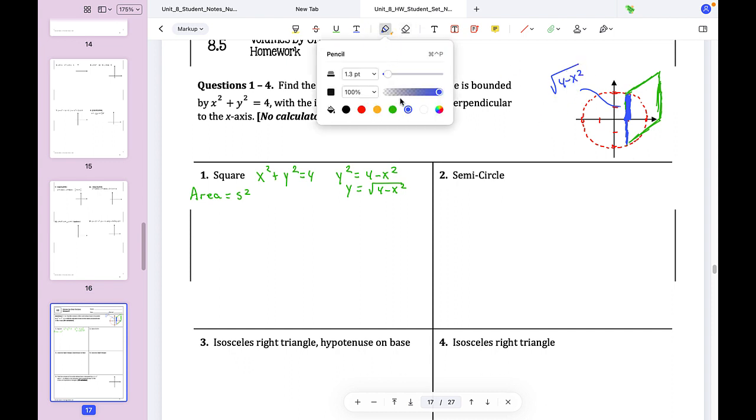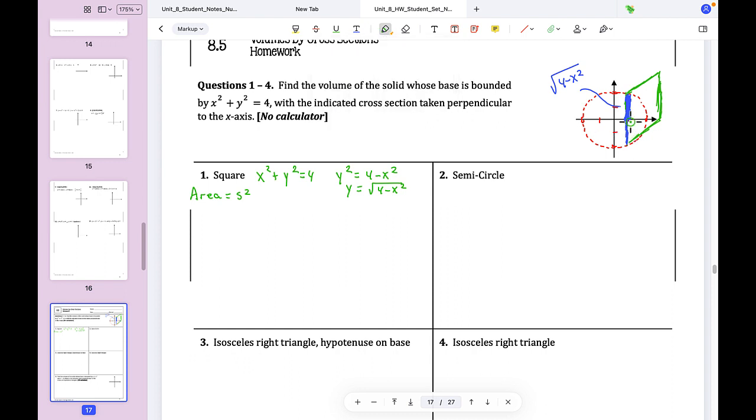But I need this part down here also. A circle is symmetric, so it's the same distance. So the whole side of this square is 2 times that value. My area is 2 times the square root of 4 minus x squared, squared, because your area function is the side squared. So find that area function first.